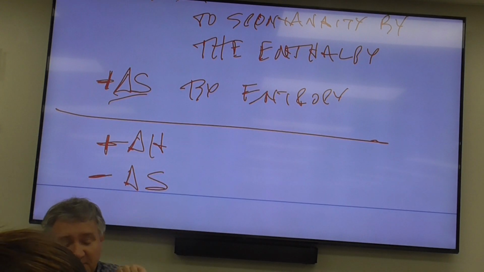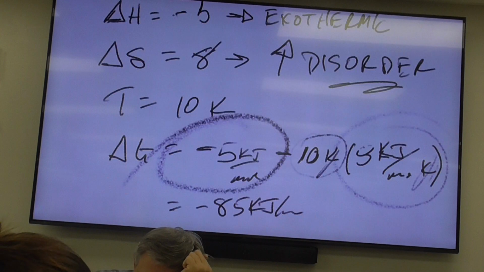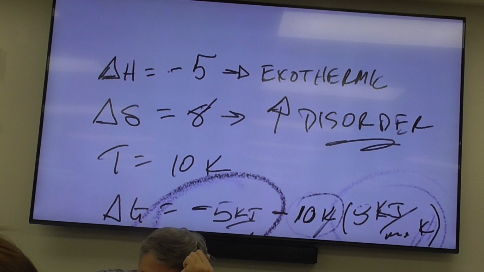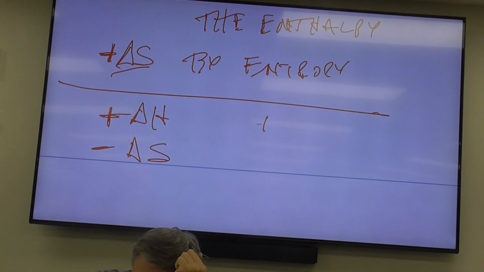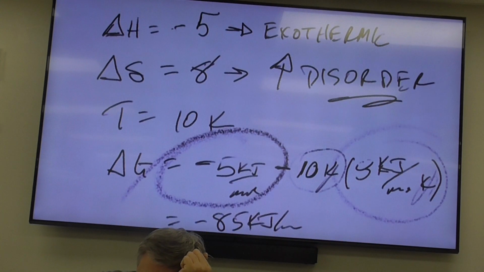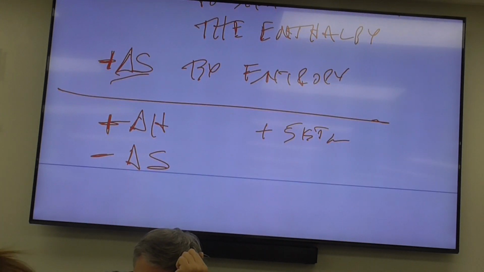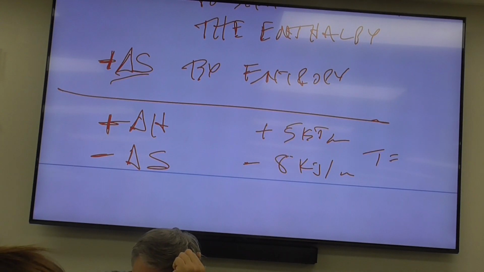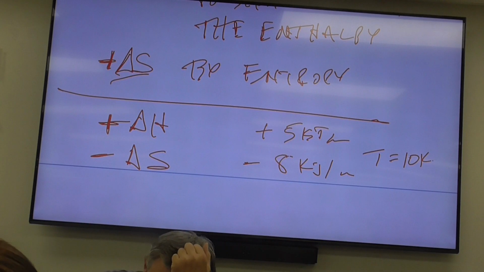Okay, so now we're going to look at this. So now I'm going to make the delta H be a positive 5 kilojoules per mole. I'm going to make my delta S be a negative 8 kilojoules per mole Kelvin, and we'll still let that temperature be 10 Kelvin.